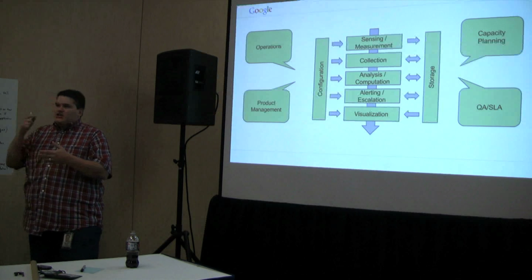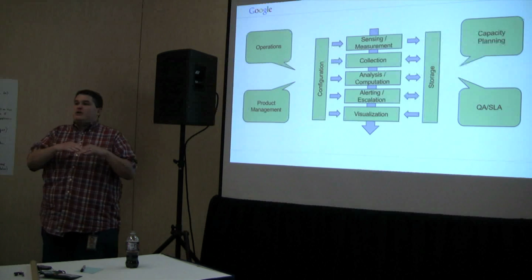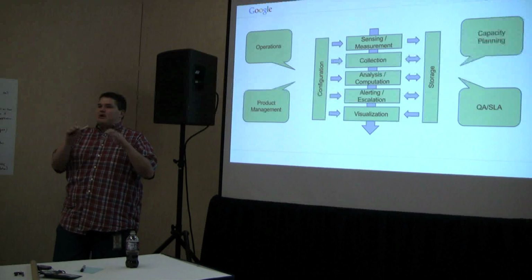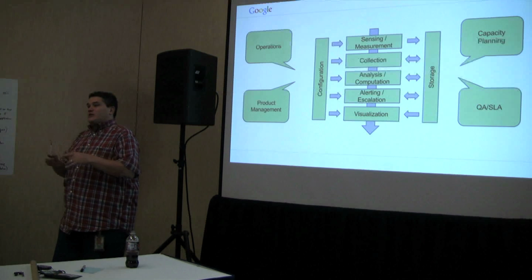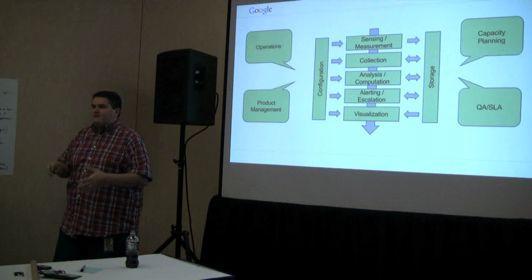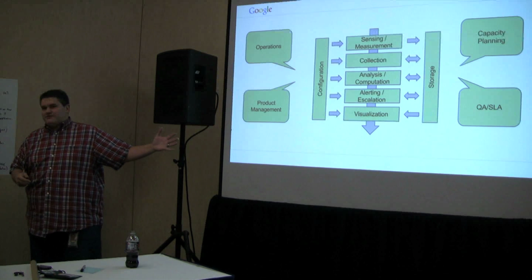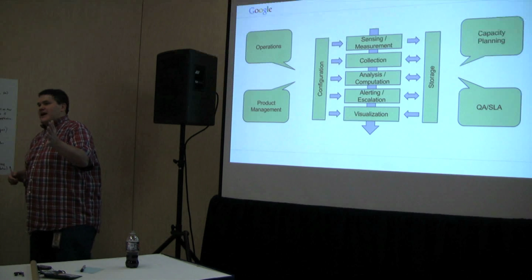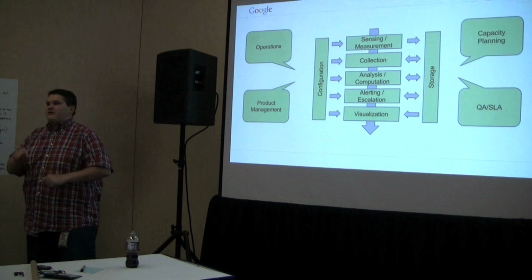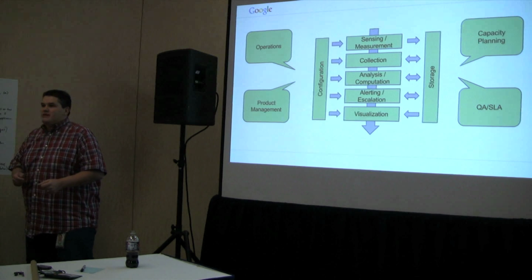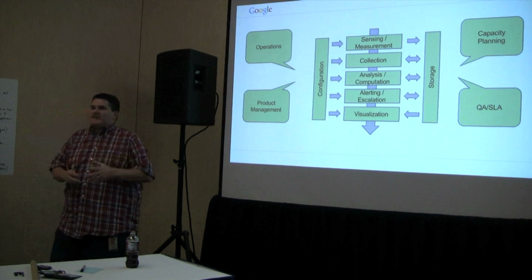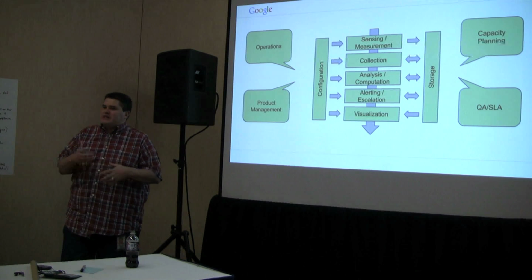But I'm not talking about an engineer doing analysis. I'm talking about automated looking for thresholds and trends and applying rules to determine if you need to create an alarm, or computing derived elements, such as taking an incoming sequence of user activity information and then computing how many people are live on my service right this moment. So creating derived metrics is what I'm referring to when I say analysis.